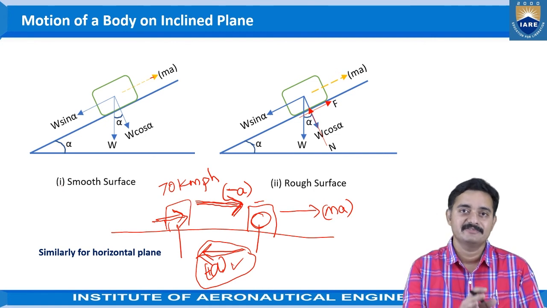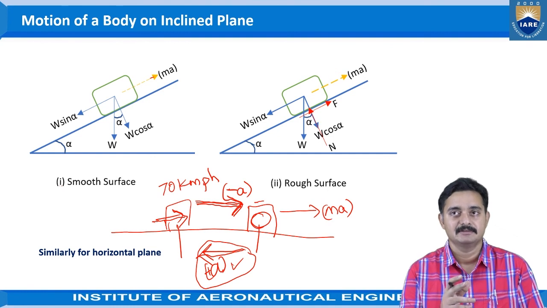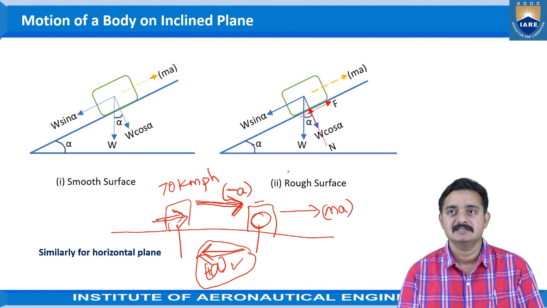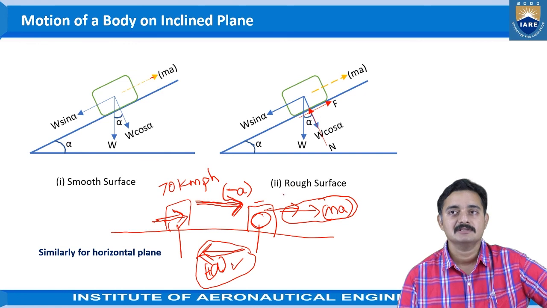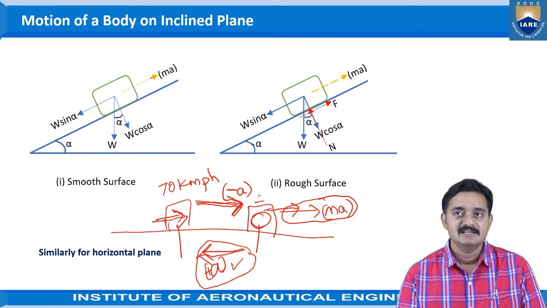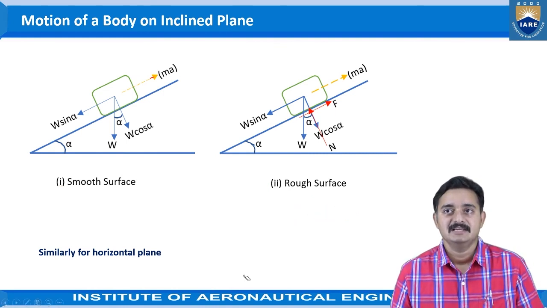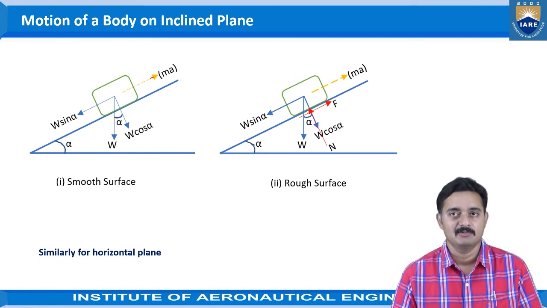So even though this car is moving in the right side direction, the inertia force is also given in the right side direction, because there is a deceleration of the car. These are the important conditions of D'Alembert's principle which will be considered in kinetic problems.